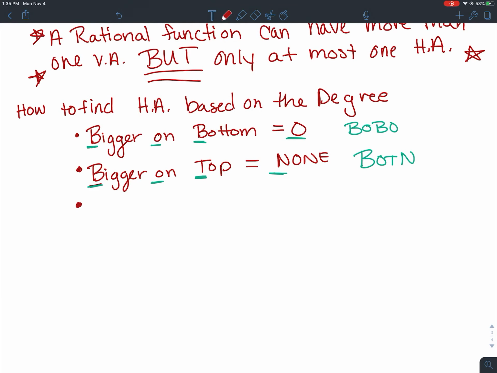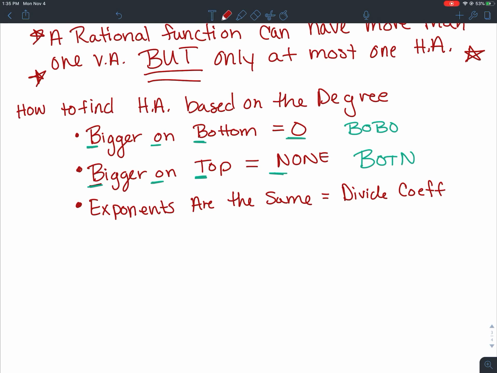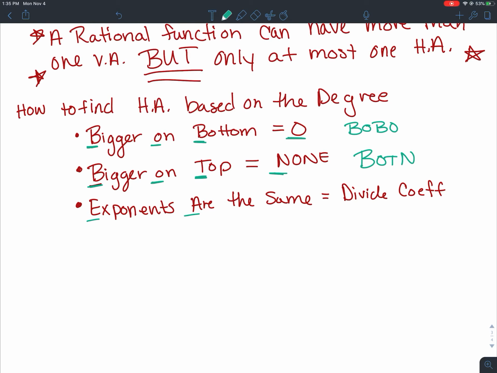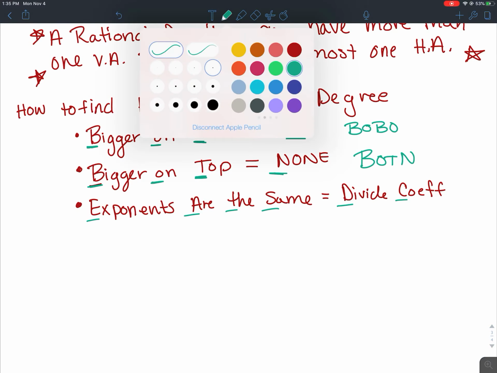And there's one more. This one's a harder one. If the exponents are the same, you divide the coefficients, the numbers in front of the degrees, the leading coefficients. Exponents are the same, divide coefficients.